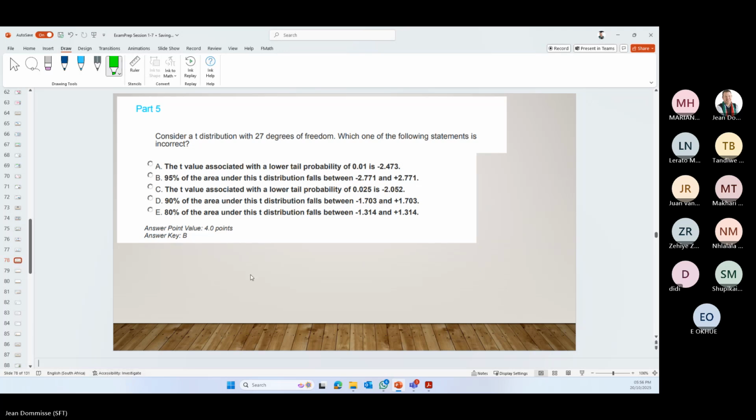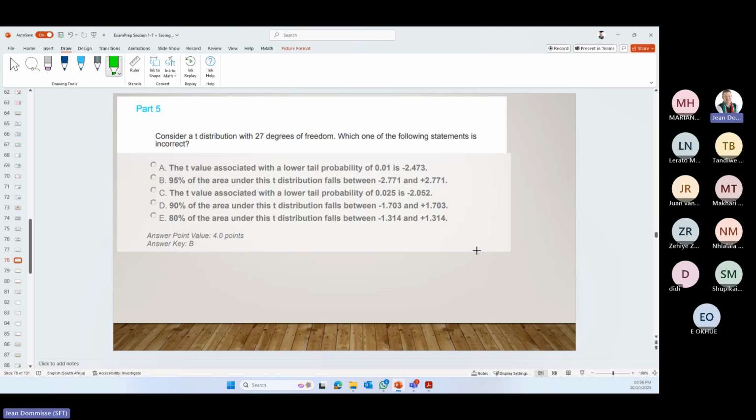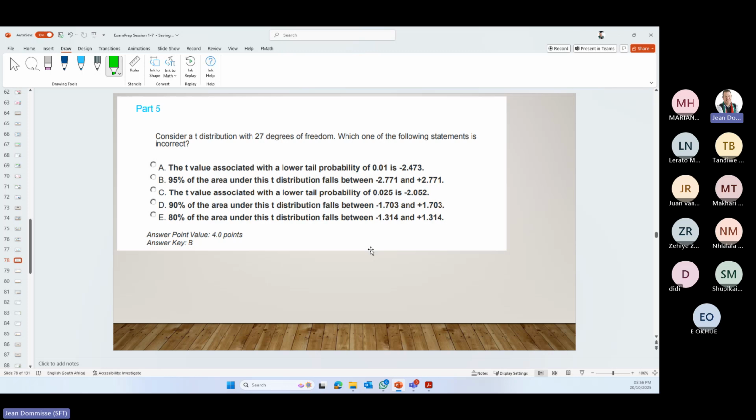Okay, so then they gave this one from one of the assignments that I saw. But last year they actually gave something like this in the exam as well. And remember, don't worry after the exam if somebody else gets a different answer to yours, because the questions are randomly generated.